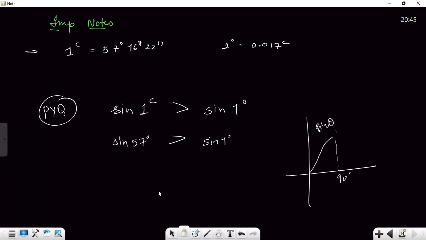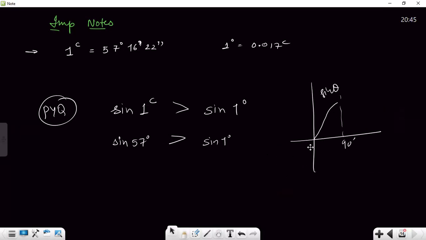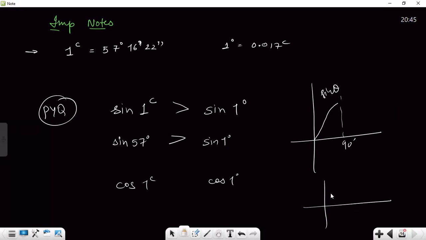Is that clear, everyone? Yes, sir. But it's completely opposite with cos, because cos value starts from 1 and keeps on decreasing till 90.